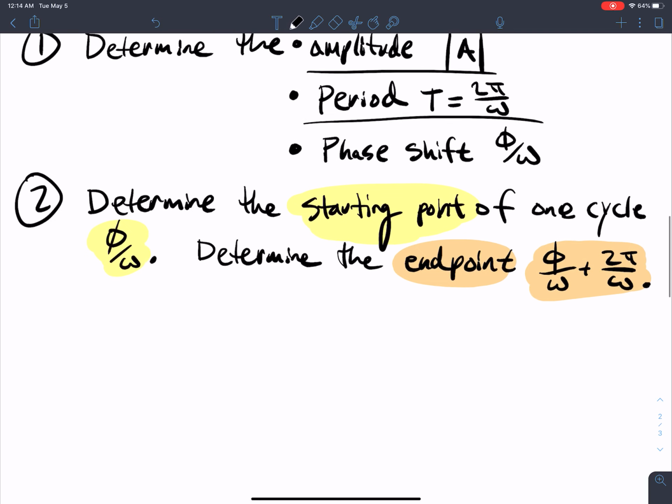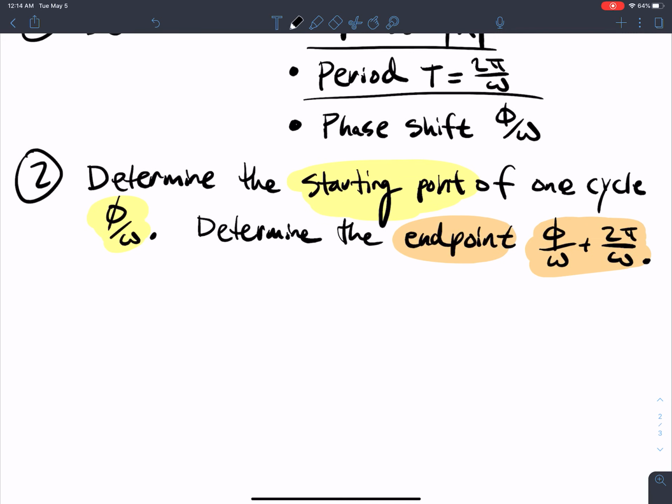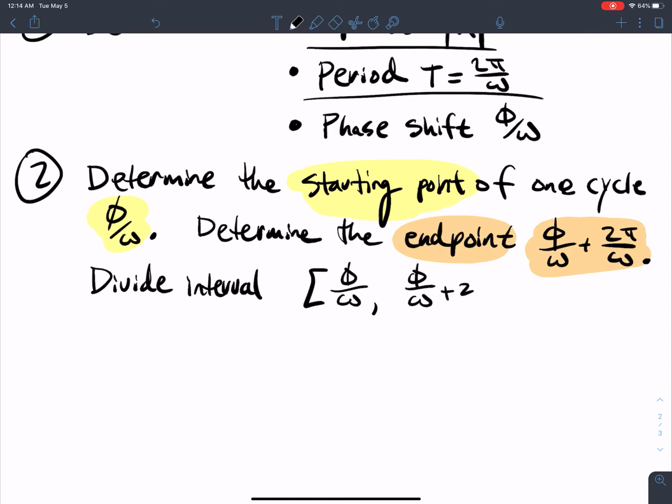Next, you're going to divide the interval. So how am I going to divide up the interval? Phi over omega, comma, phi over omega plus 2 pi over omega, into 4 equal lengths.